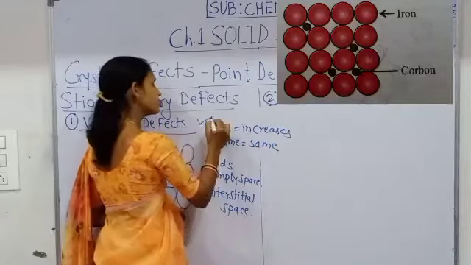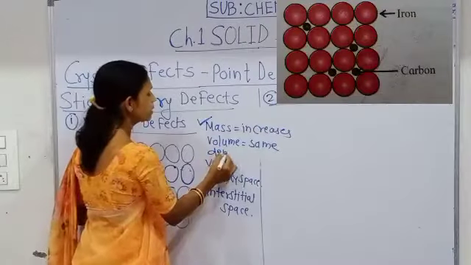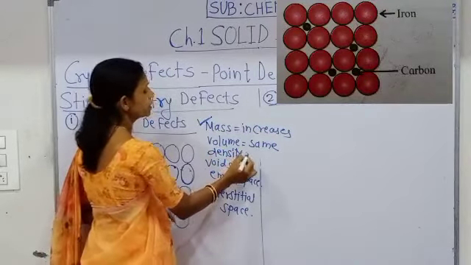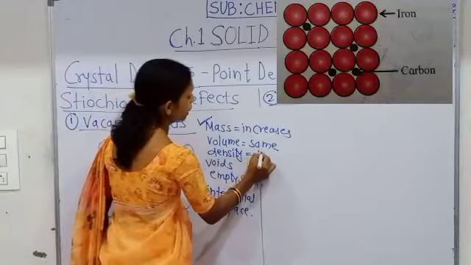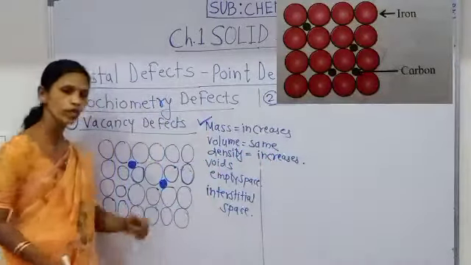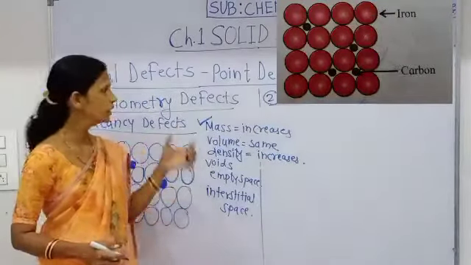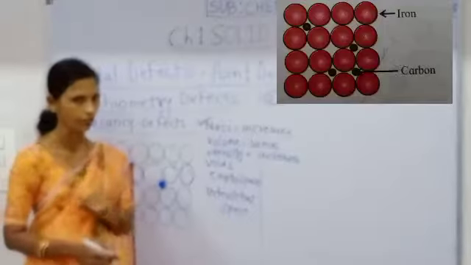And as the mass of the crystal lattice increases, therefore the density of the substance increases. Density also increases. That is the first type of self-interstitial defect.